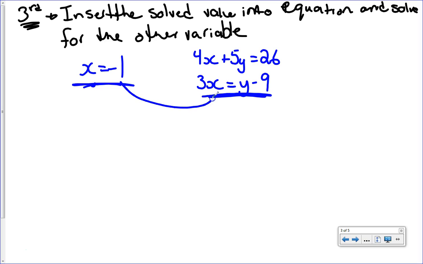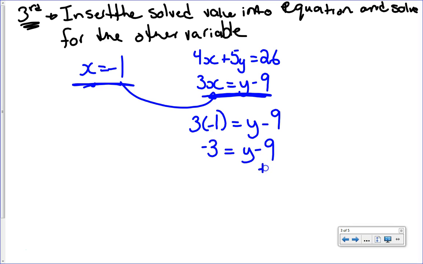So I'm going to take the -1 and substitute it in for x. So I have 3 times -1 equals y minus 9. And it's the easiest equation because I'm not having to divide off anything. Y is already by itself and I need to solve for it. So 3 times -1 is -3 equals y minus 9.